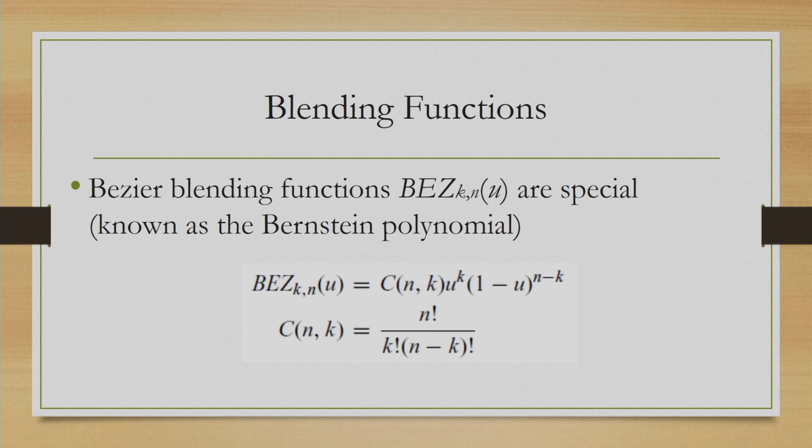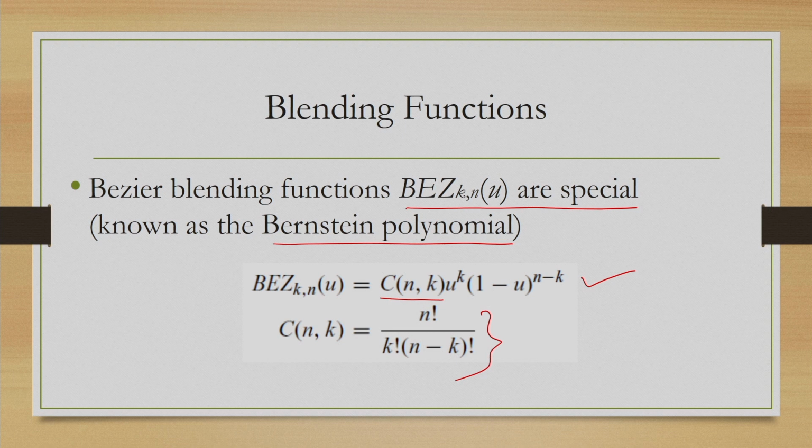Now, these blending functions are actually special functions, sometimes known as Bernstein polynomials, which have this form where C is this one.